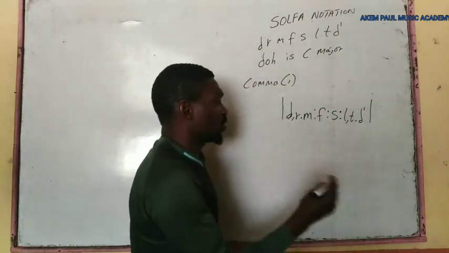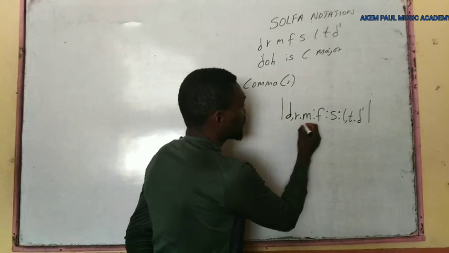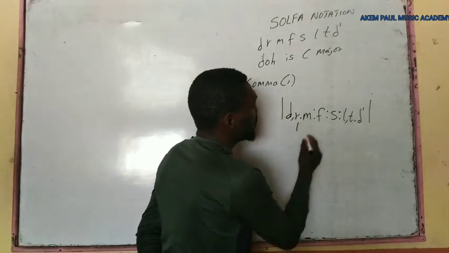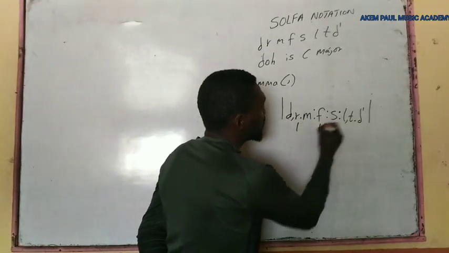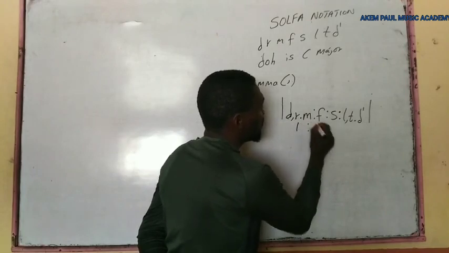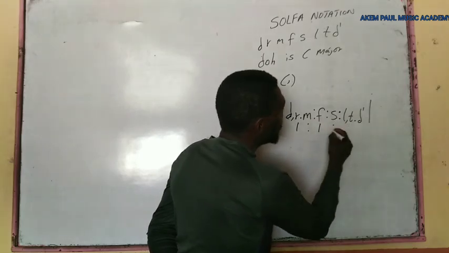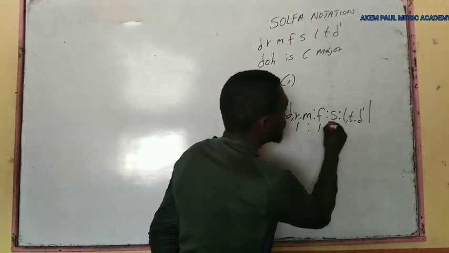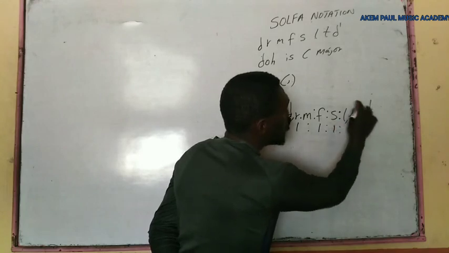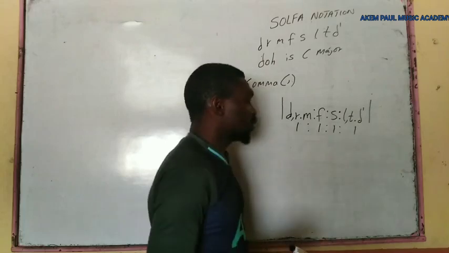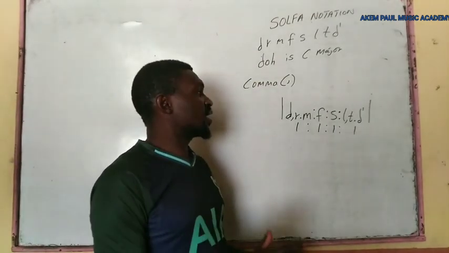So let's see how it works if we're interpreting this. So from here, one beat. This one alone is one beat. So this is what it means. This is the interpretation. This is another one beat. And then this is another one beat. Then the whole of this is one beat. So if I'm singing this, I'm going to sing it like this.